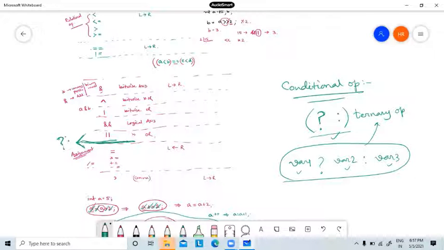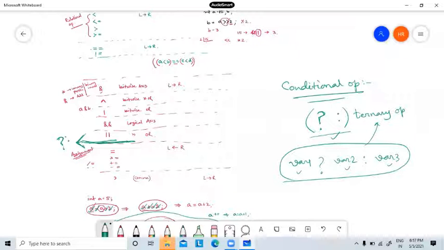Now I hope you understand why we need to know the precedence. In brief, what is the precedence table? First comes the function call and the subscript, then the unary, then the binary, first multiplication and division, then plus and minus, then the bitwise left and right shift, then the relational operators, then some bitwise and, or operators, then the logical, and finally the assignment operator.